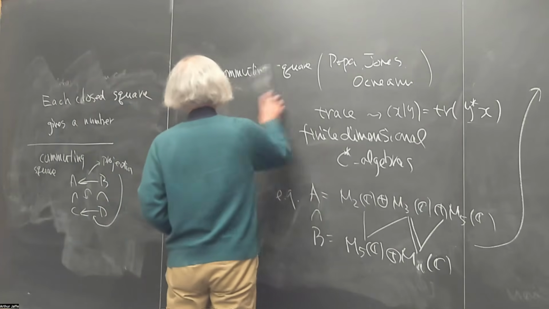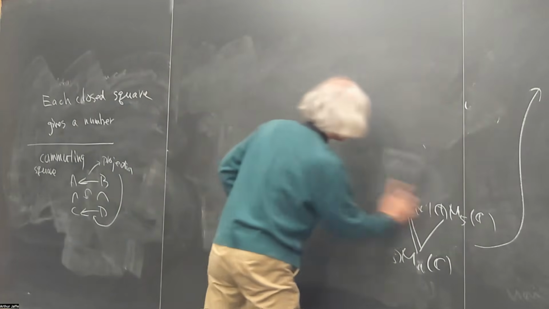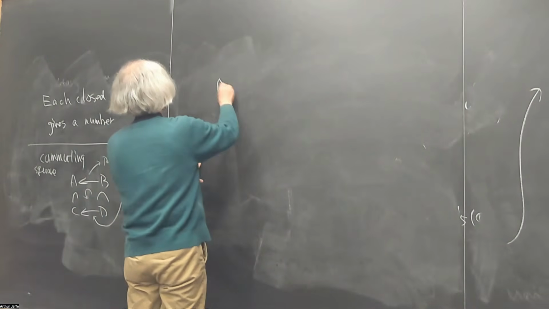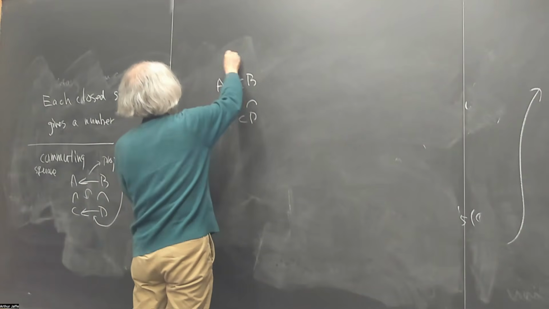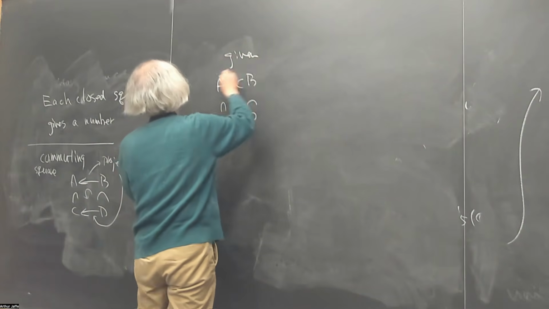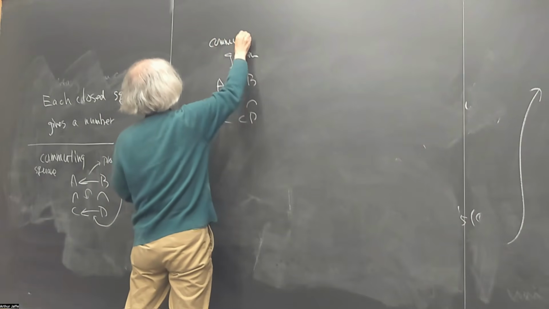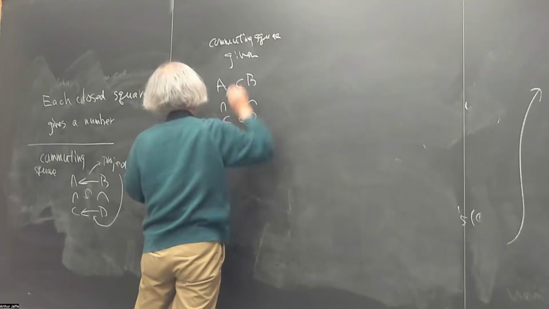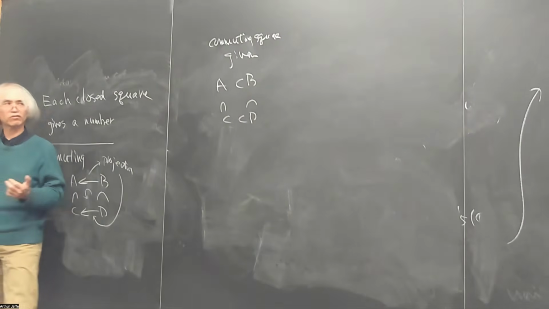Then suppose this is given, a commuting square. Then we have a construction, the joint basic construction.